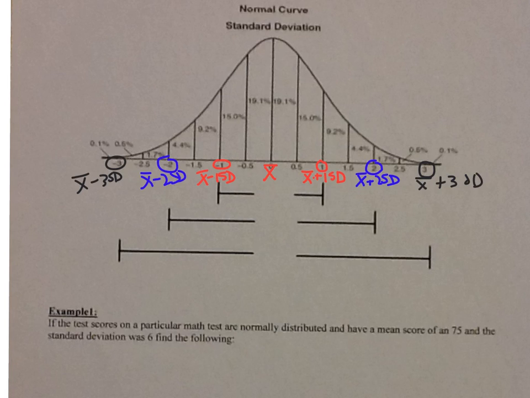Okay, so now we have these percents too. So inside here, between 1 standard deviation, so from here to here, I would add up all the scores, and that is 68.2% of the scores.